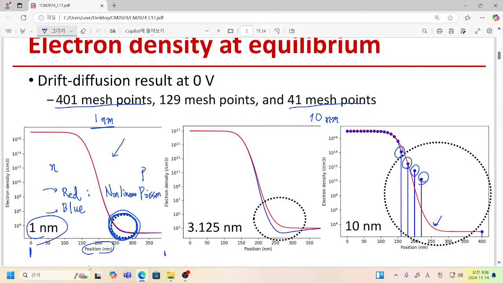Now you can ask me what happens in between these 2 points. For example, here, okay, let's wait for a while because our pencil is stopping.